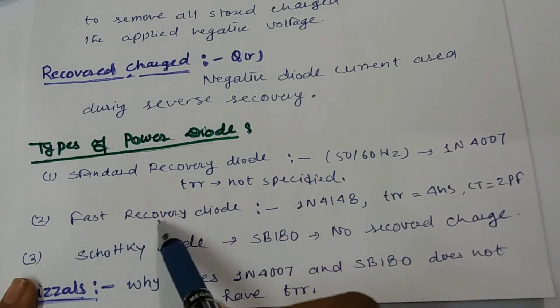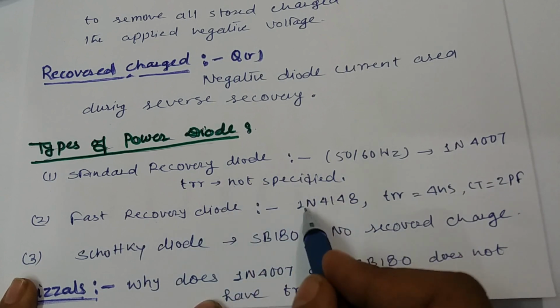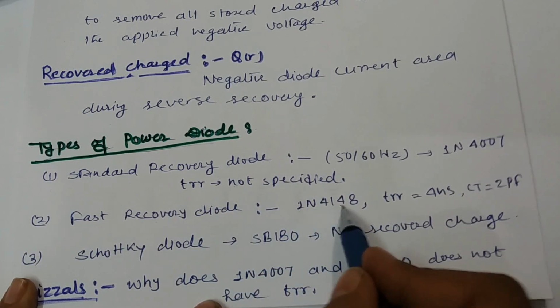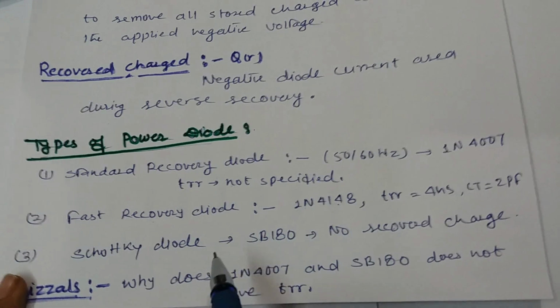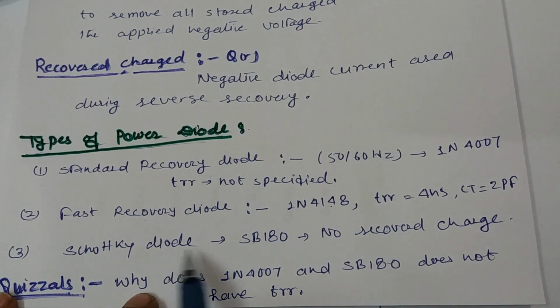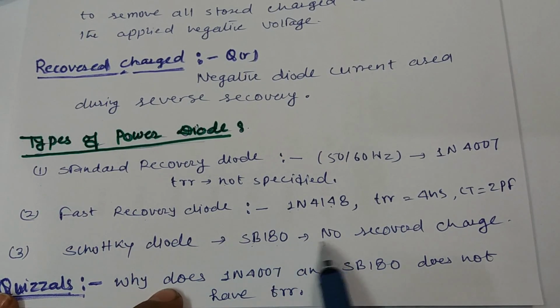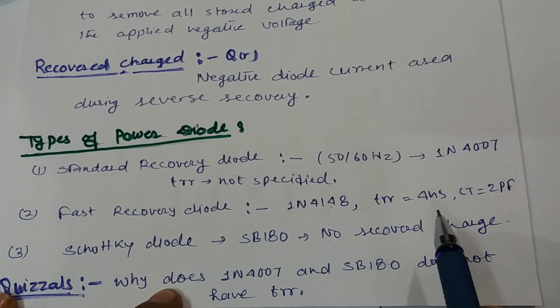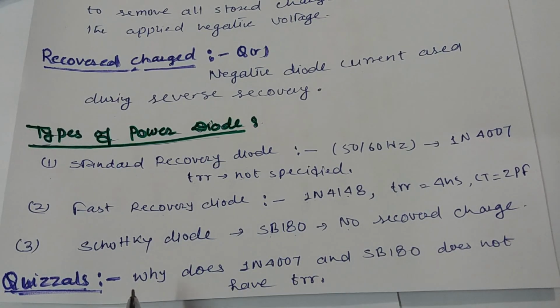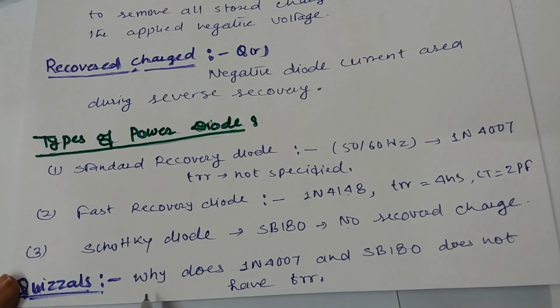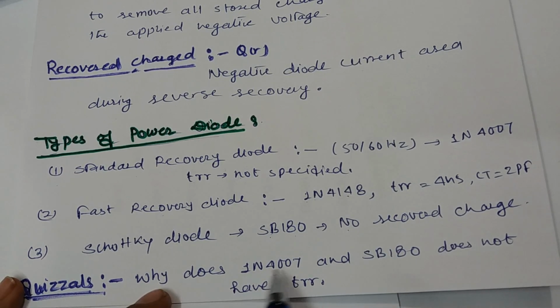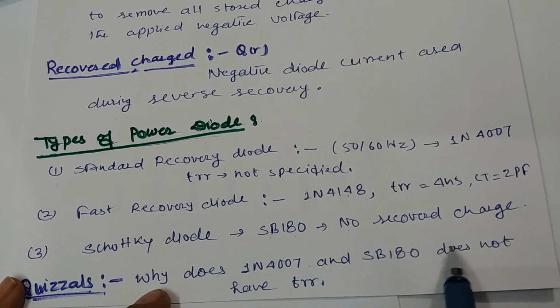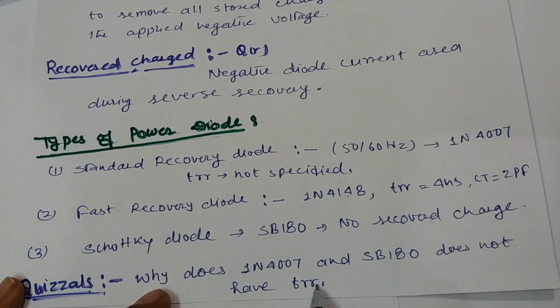For a fast recovery diode, the example is IN4148, its TRR equals to. For a Schottky diode, let's say SB180, there is no recovered charge. So my question is, why do IN4007 and SB180 not have a TRR, reverse recovery time?